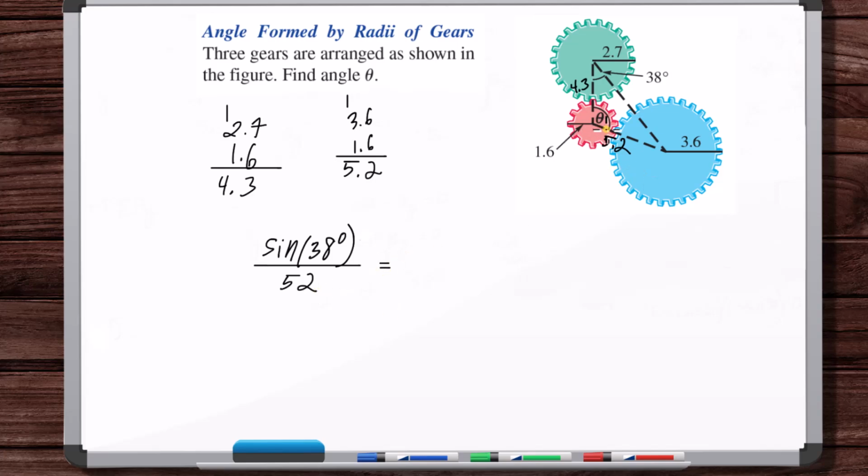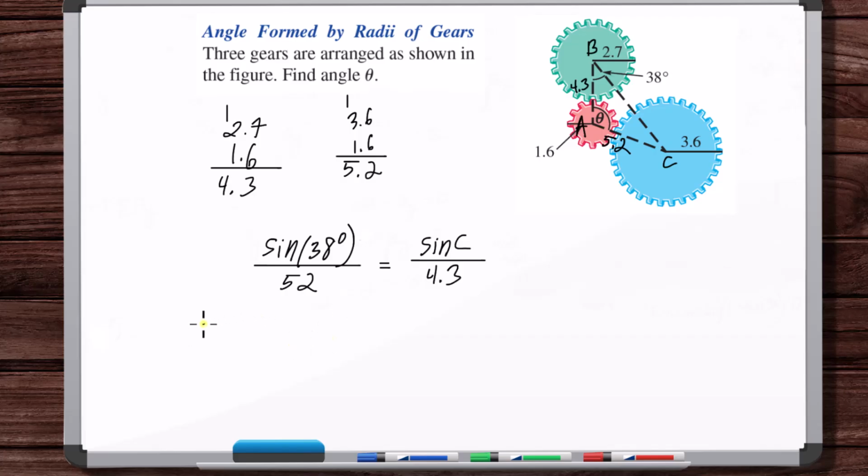And now let's label these angles. So this would be angle A. We're trying to solve for angle A. This would be angle B. This would be angle C. Okay, so we need to go ahead and solve for angle C. So that's all we can do, because if we had this side length, we'd go ahead and use it and get theta, but we can't do that yet. Now over 4.3.